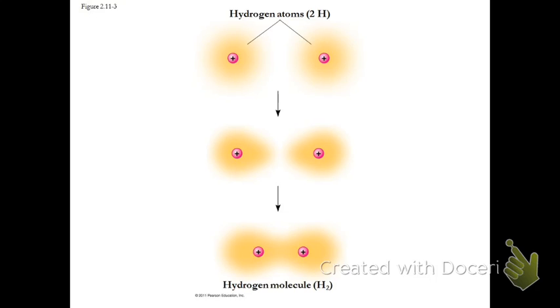So let's try where we have 1 hydrogen with an electron, and it is going to share with another hydrogen.